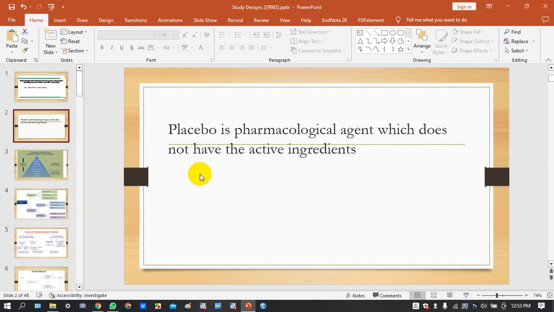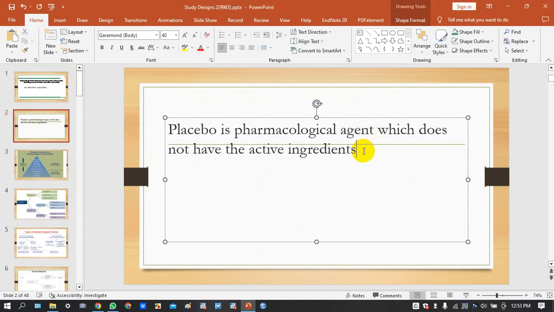What we have done here is what we call age matching. We can also do sex matching.